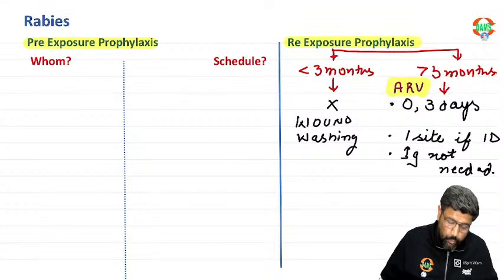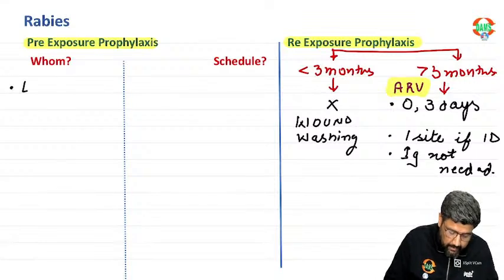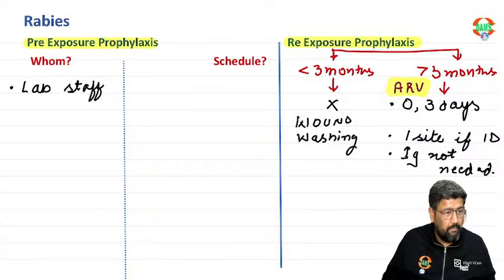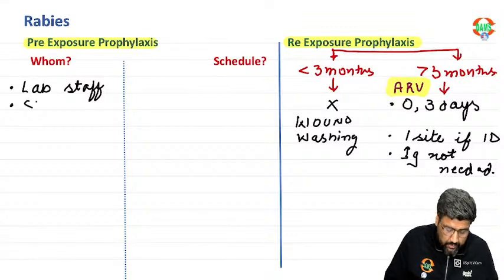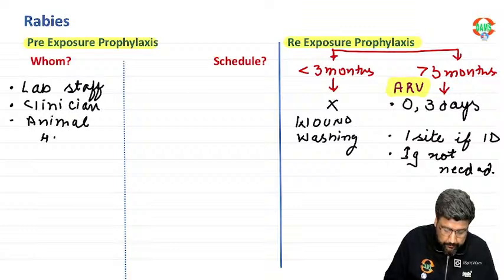Now coming to pre-exposure prophylaxis. Whom should we give pre-exposure prophylaxis? The lab staff who is handling samples for rabies, clinicians, animal handlers, dog catchers.